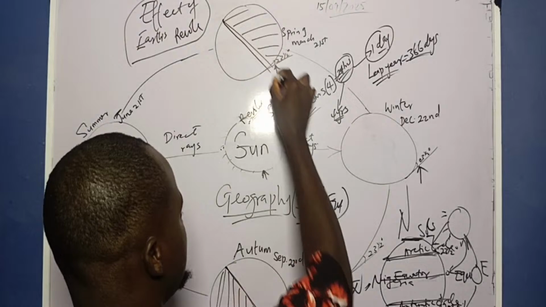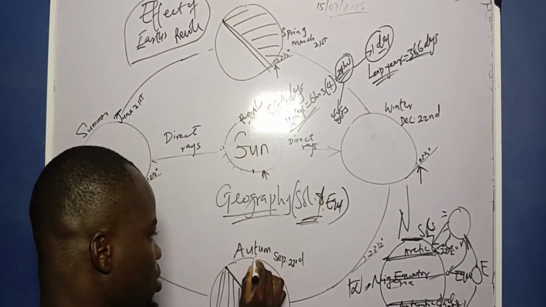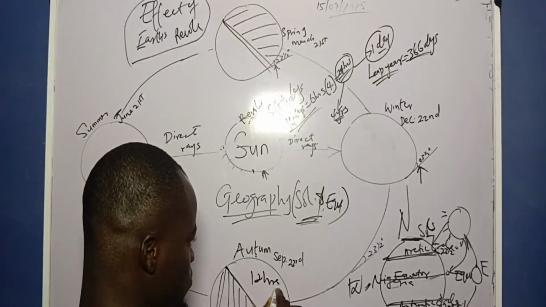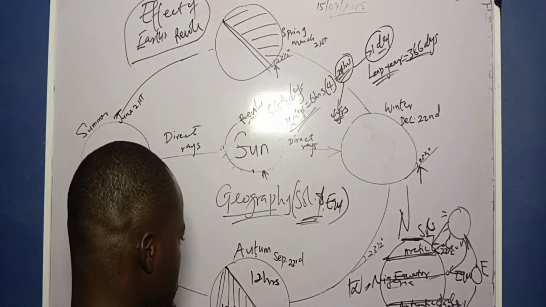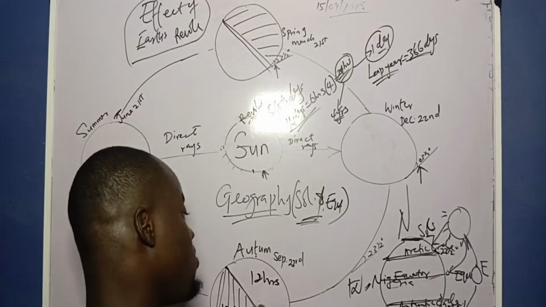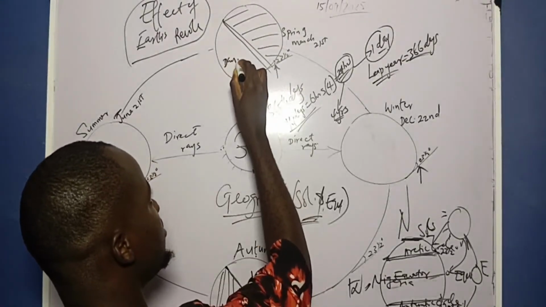So here is the sun. Once the sun is overhead at this equatorial region, we have equal day, 12 hours, 12 hours night. This one is night. This one is day. This one is day. This one is night.